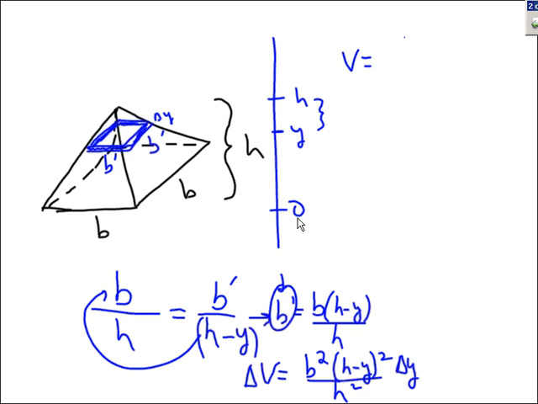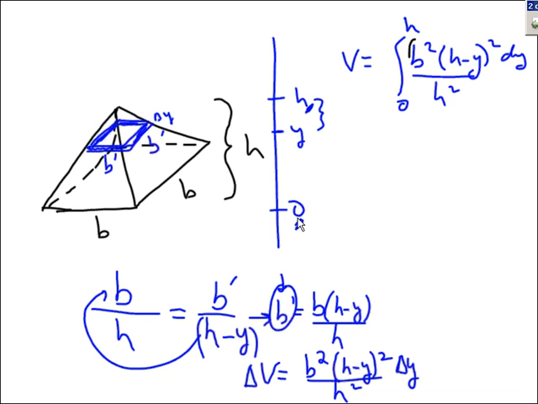I need to integrate b squared times h minus y squared dy over h squared. The lowest square is at height 0, and the highest one is at height h.